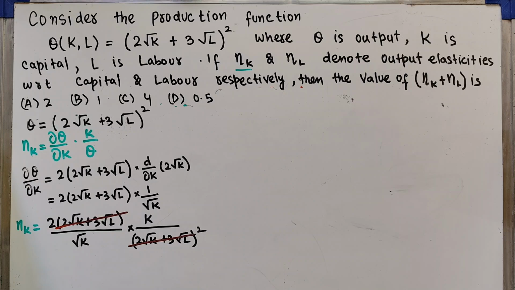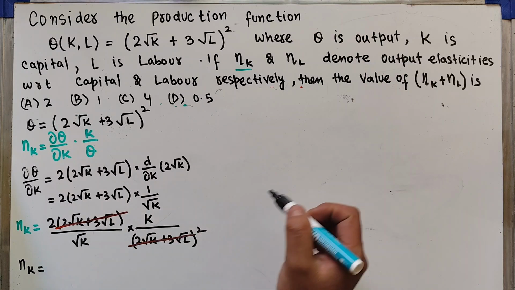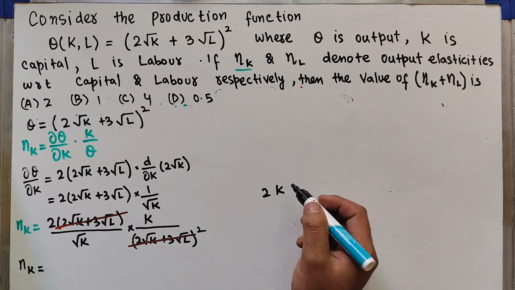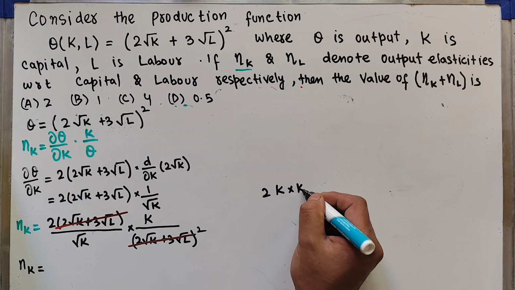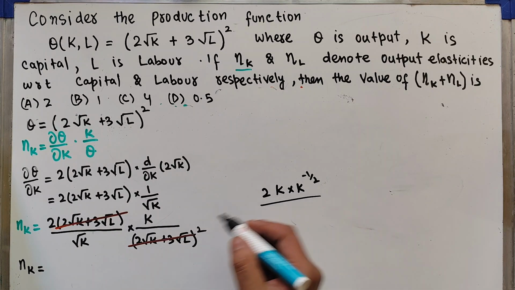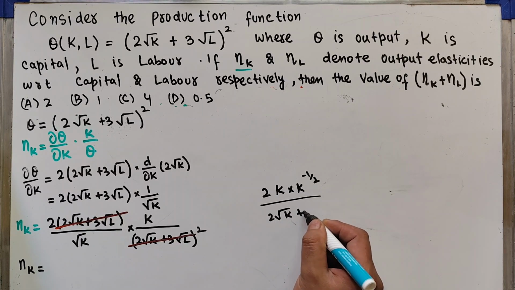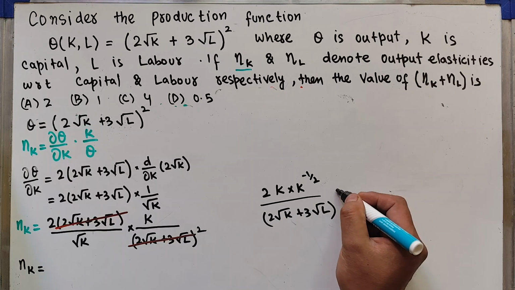So N_K will be equal to, if I rewrite it here, twice K, transposing this to the numerator, it will become K raised to the power minus 1/2, and in the denominator we are left with 2√K + 3√L only.